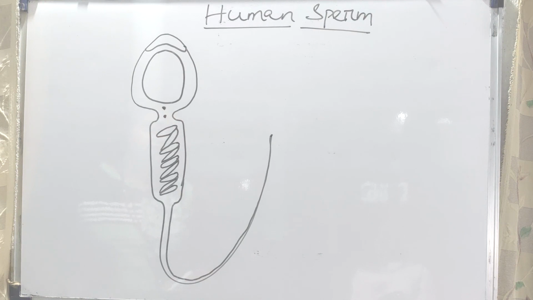From the centriole arises the axial filament which passes through the tail.